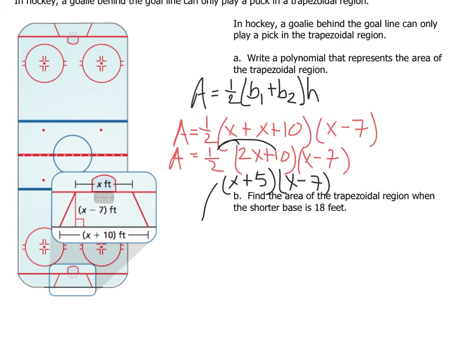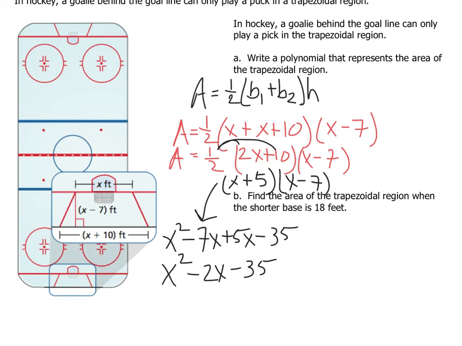So then let's just keep coming down here a little bit. So now when I multiply together, I get first x squared, outsides negative 7x, insides 5x, and last negative 35. So our polynomial to answer the first question is x squared minus 2x minus 35.